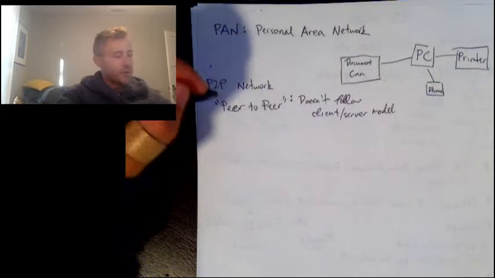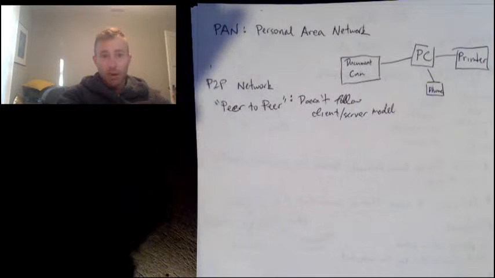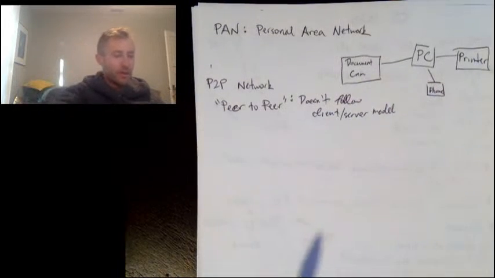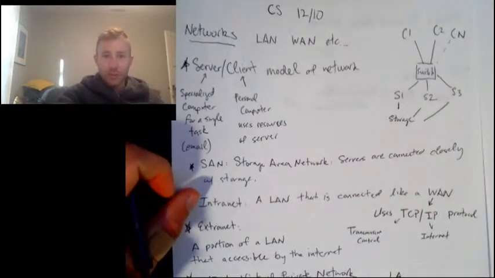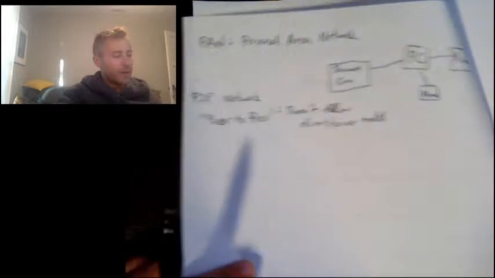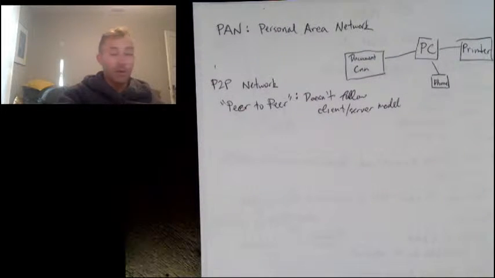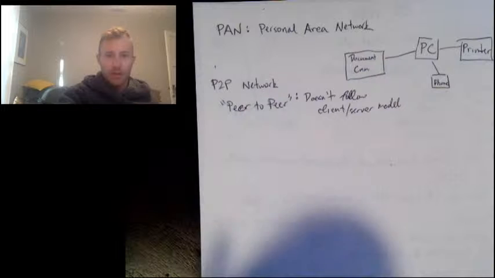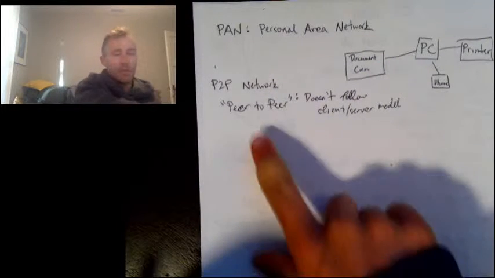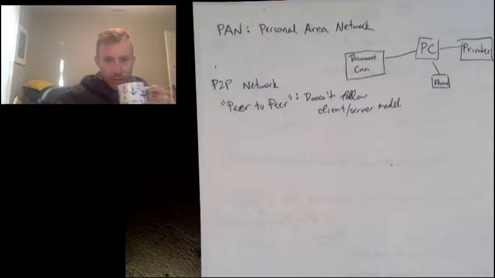Basically it's a network where all the devices on the network are equal. We don't have super powerful server computers doing specialized tasks. So every device in the network acts as both a client and a server. Everything is on equal footing. That's why it's called peer-to-peer, because your peers are your equals, right?